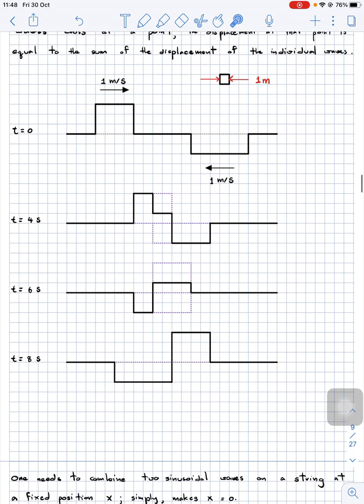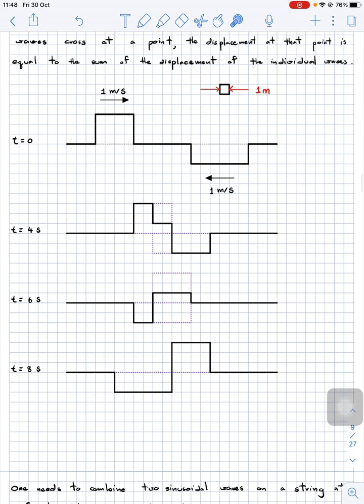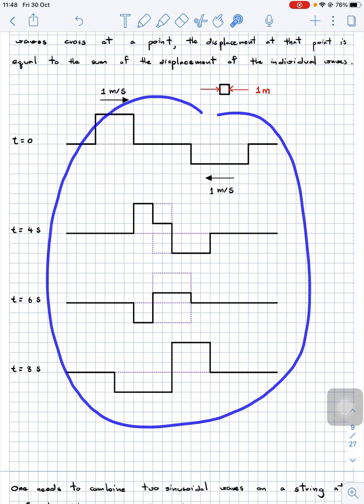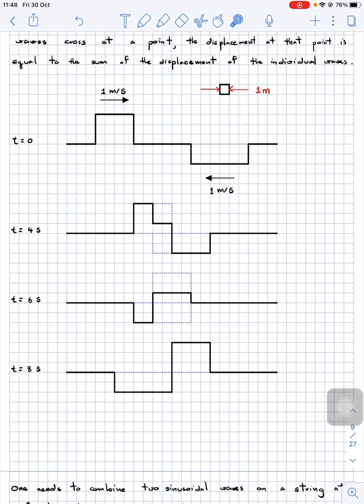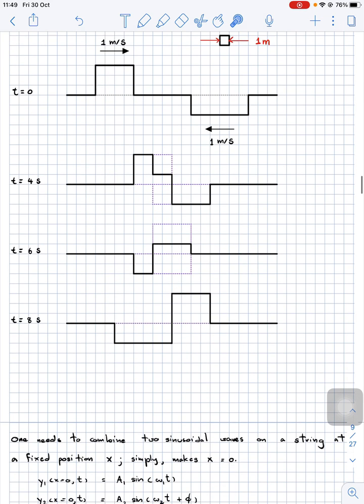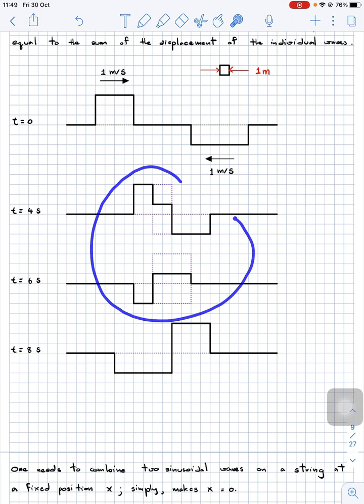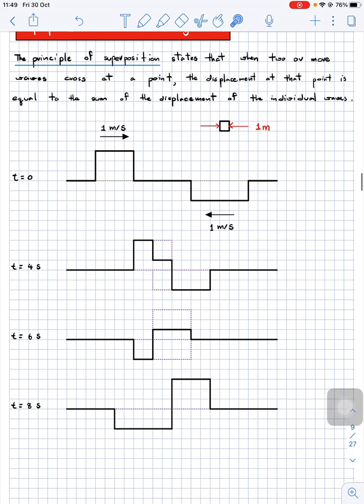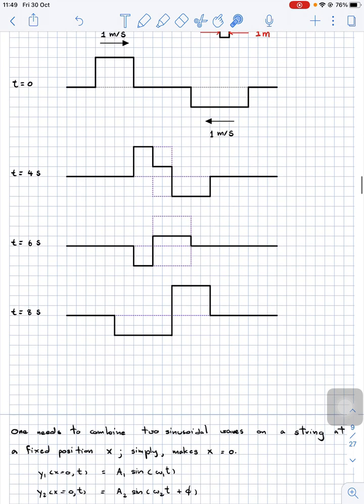Okay, so now you can see that if we follow this term, this one we move to the right-hand side, and this one we move to the left-hand side. So then at this time, both of them will overlap each other. We can use the principle of superposition to find the resultant wave. Don't forget that the displacement at a point is equal to the sum of the displacements of the individual waves, the one that we have done already.